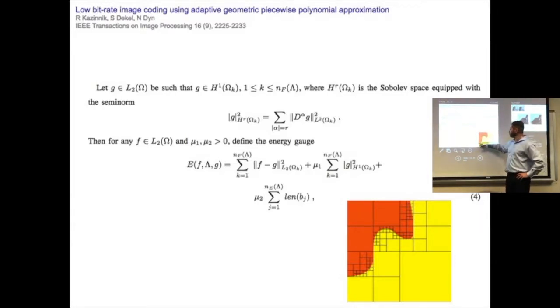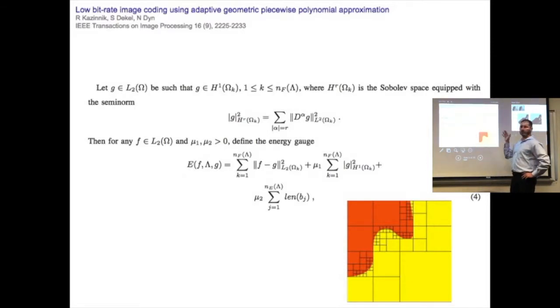So if you want to introduce nice smooth curves into our approximant, we introduce another term into this functional, which takes the edges away from the approximant and brings them in as a penalizing term into the functional equation.